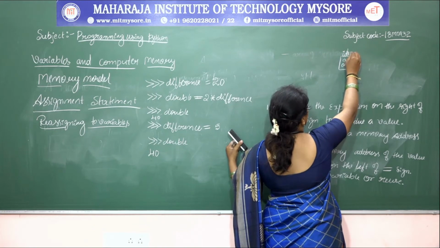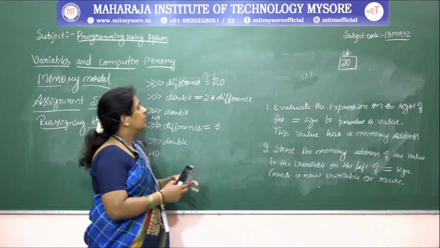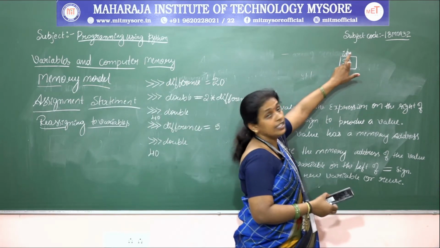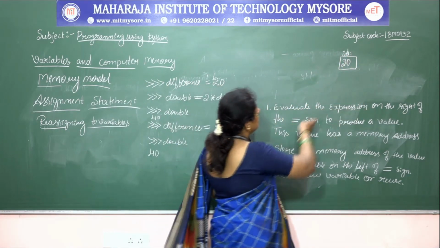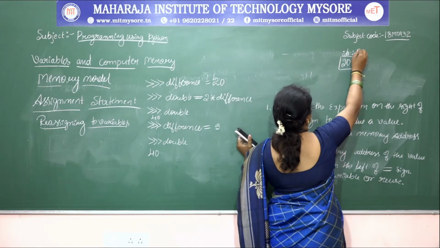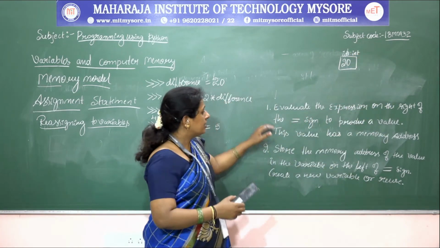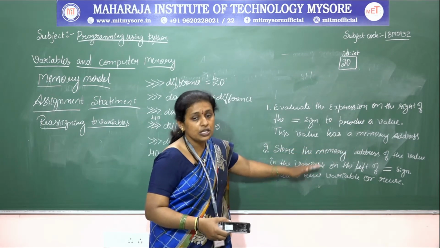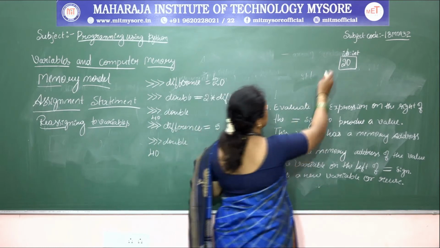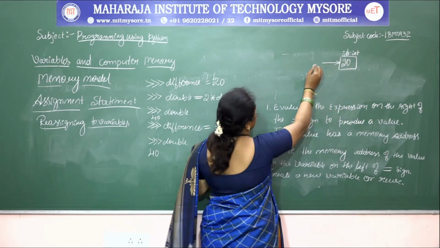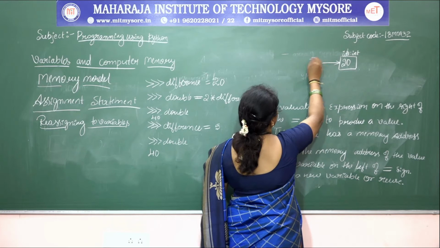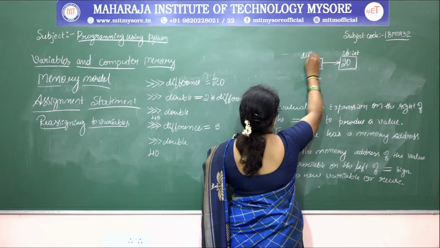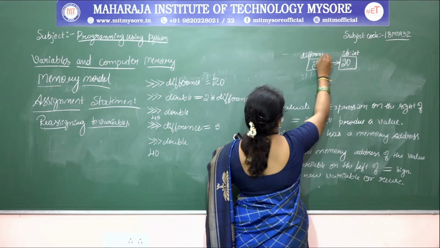It is address 1, so I am taking the address as an identifier, ID1, and it is of type integer. After this I need to give a reference to the variable, so I am giving the memory address reference to the variable called difference.